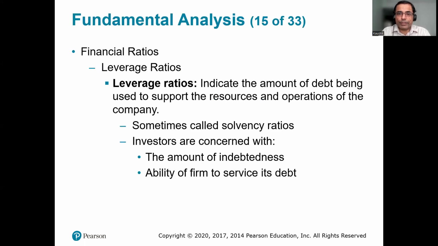Then we look at leverage ratios. These indicate the amount of debt that the company has assumed. Because debt needs to be paid off, there are also regular interest payments. This is a financial burden for the company. Hence, it is important to look at the debt levels of the company and also compare it with other accounting items.